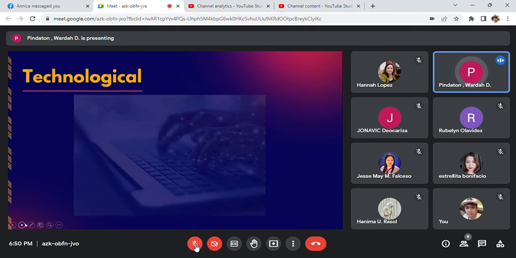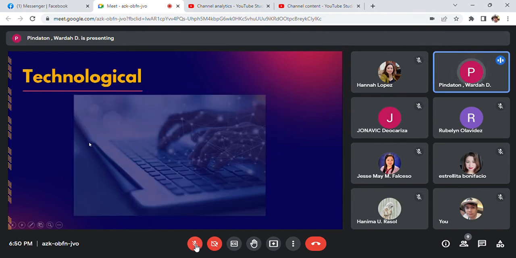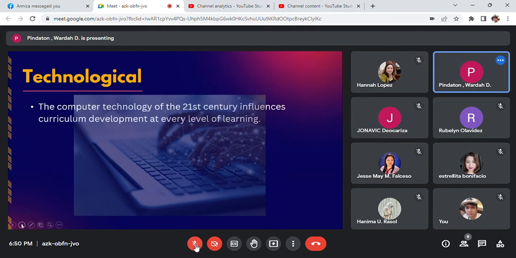And another one as well is the technological, which is very relevant because we are now living in a digital era. So technology driven curriculum development is the norm of the 21st century.